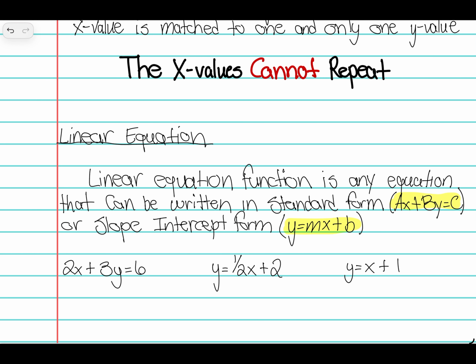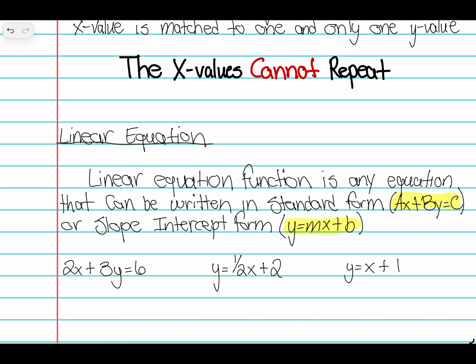The key thing about these is what you don't see: exponents. You don't see absolute value symbols. You don't see variables at the bottom of a fraction. You don't see any of that when it's dealing with something that is in standard form and slope-intercept form. So if it doesn't fit the standard of ax plus by equals c or y equals mx plus b, it is not a linear function.